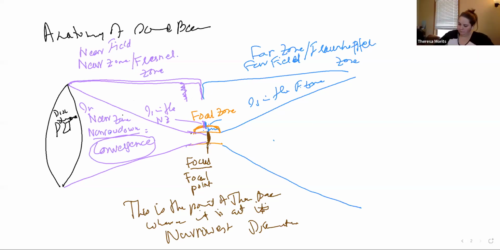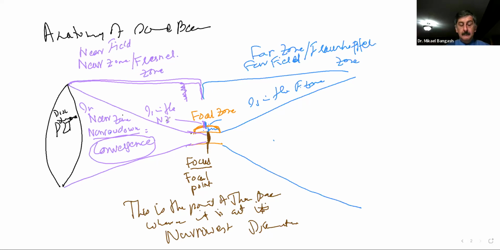Until it reaches the point where the beam is at its narrowest diameter. Clear? What do we call that point? We can refer to it as either the focus or the focal point. Clear?